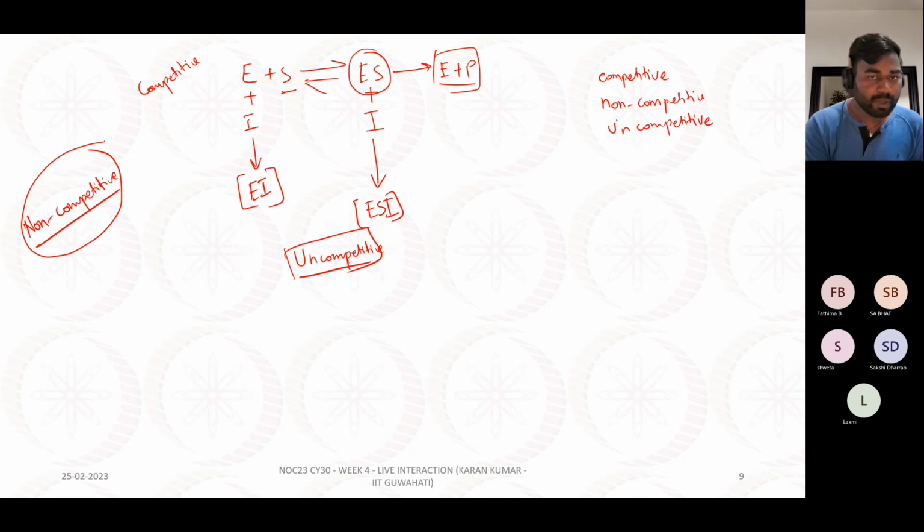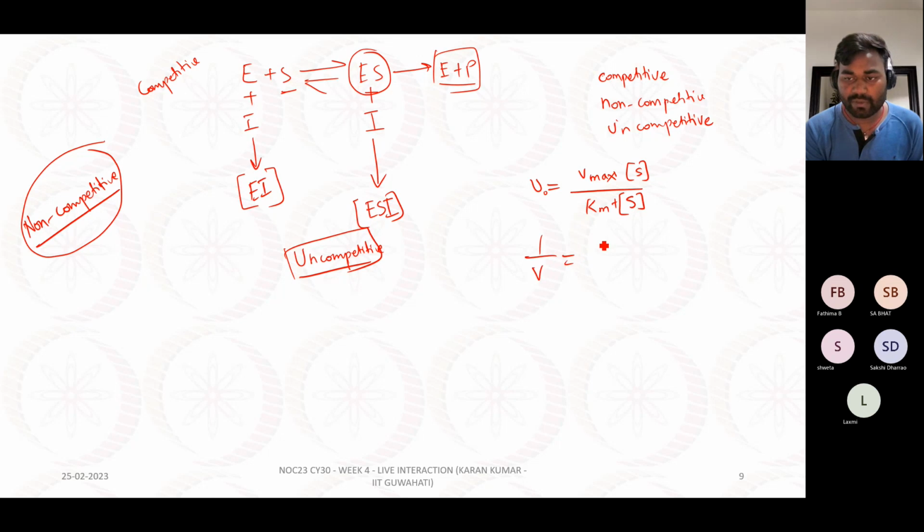So in absence of inhibitor, your Michaelis-Menten kinetics is V naught equal to Vmax into S by Km plus S. If you reverse this equation, you will find the Lineweaver-Burk plot, which is also called the double reciprocal plot.